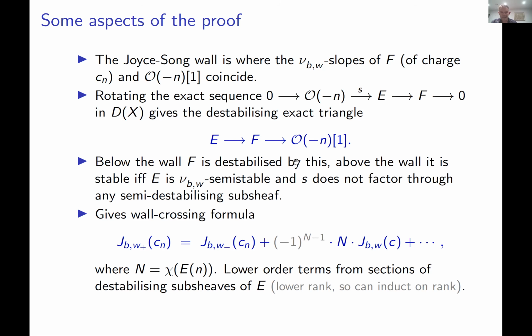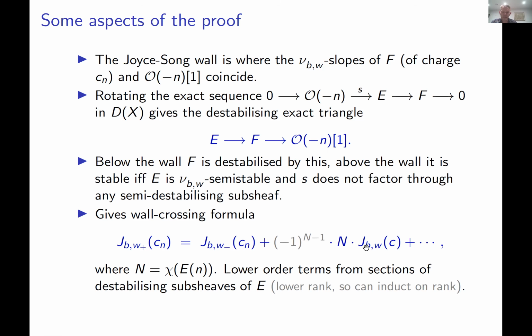Firstly, this n is the alternating sum of dimensions of extensions between this guy and this guy. But that was just the number of sections of E twisted by n. And that was this quantity here, capital N. So this is some topological quantity. That roughly governs the number of extensions between these two things, which is just the number of sections here.